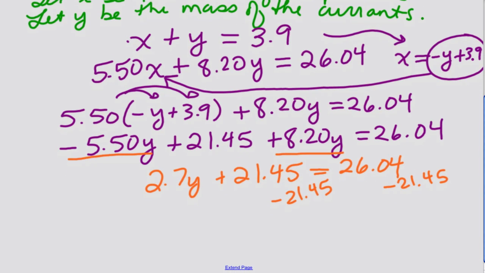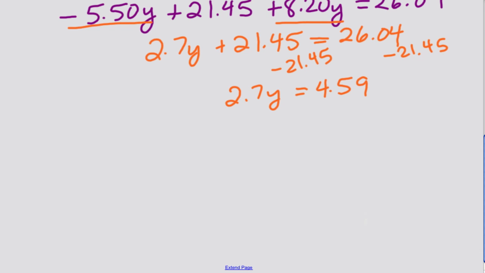And when we do, 2.7y equals 4.59. And the last step would be to just divide both sides by 2.7. So y is 1.7. What we found is the mass of the currants.